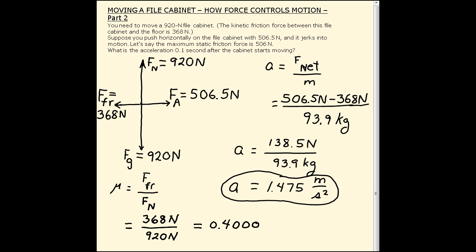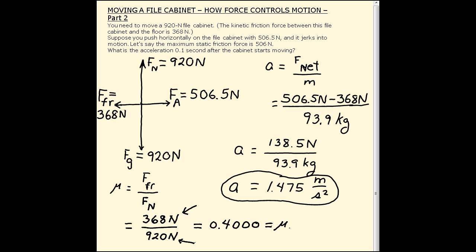That's 4 significant figures, like I gave 4 significant figures in my acceleration answer. Notice the numerator and denominator of the mu calculation have the same unit of newtons, and so those two units are going to cancel, leaving you your coefficient of friction as a unitless answer.